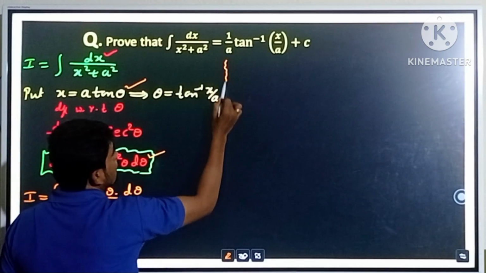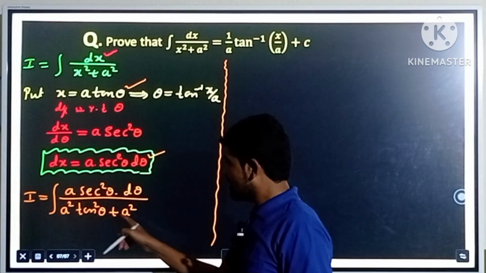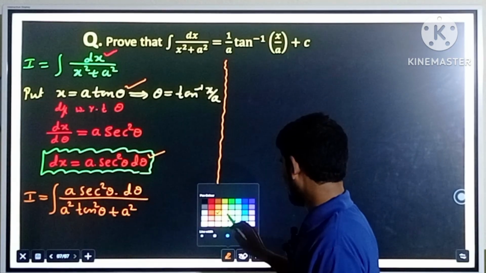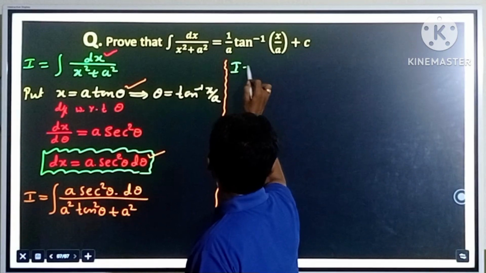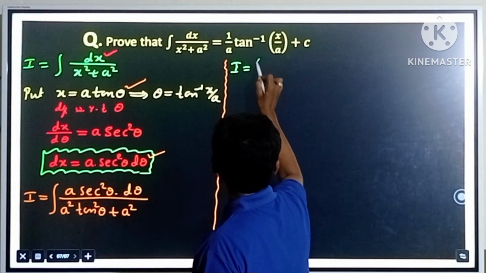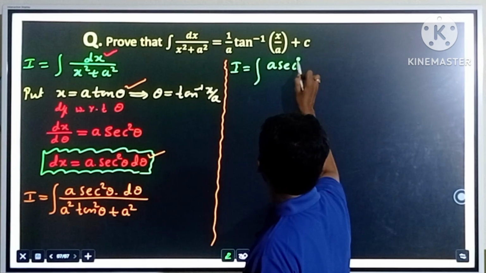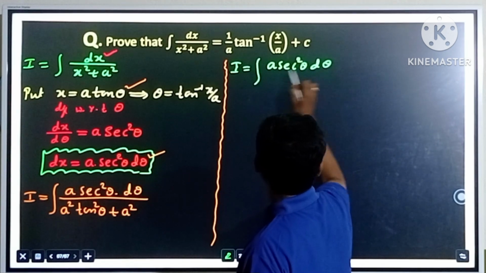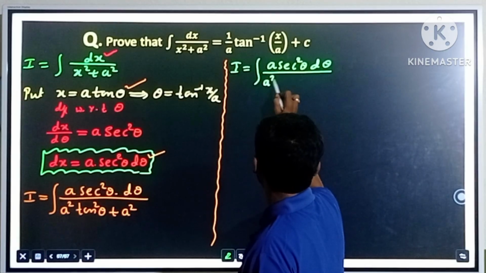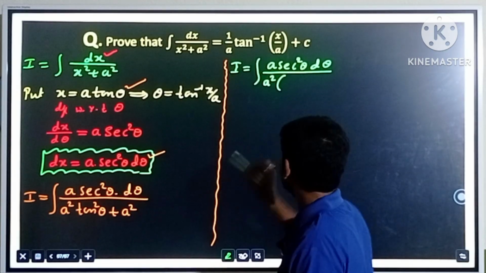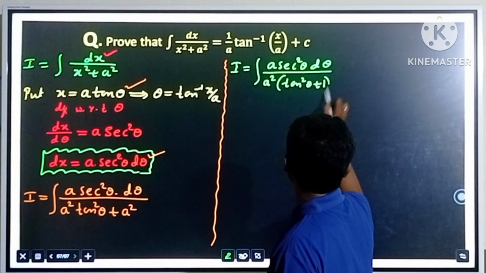Now in the next step, I am going to take a square as common from the denominator. Therefore, I is equal to the integration of a secant square theta d theta divided by a square into tan square theta plus 1.